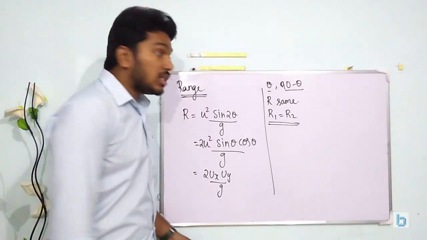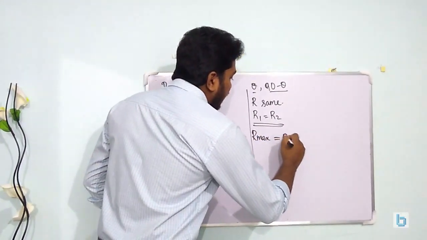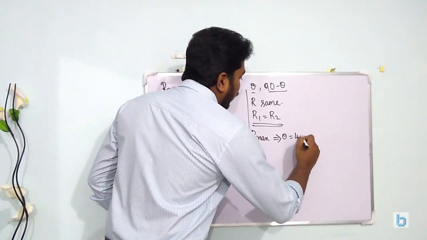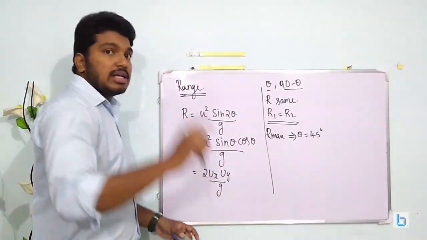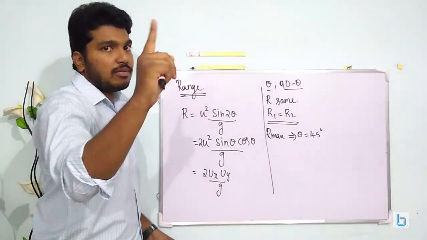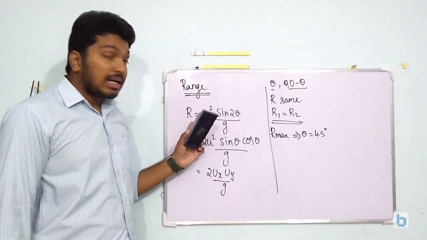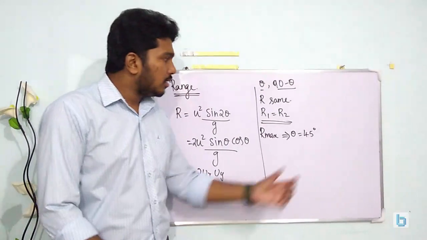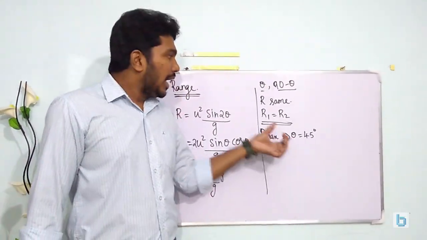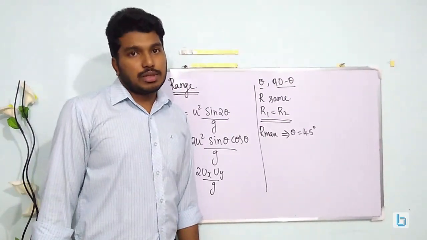And range will be maximum at theta equal to 45 degree, since sin 2 into 45 is sin 90, whose maximum value is 1. So when theta is 45 degree the range will be maximum, and that is the condition for maximum range. And range will be equal if the angles are complementary.